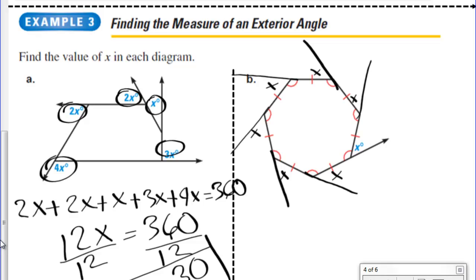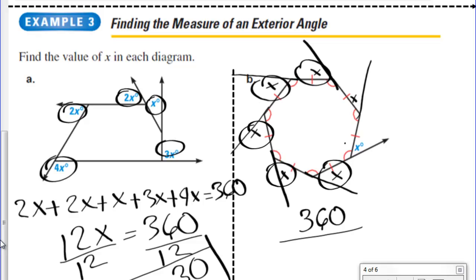So because this is a regular polygon, I can actually just say 360 divided by, how many x's do I have? I have 1, 2, 3, 4, 5, 6, 7. So I can take 360 and divide it by the total number of exterior angles, which is 7, and that gives me the value of x.